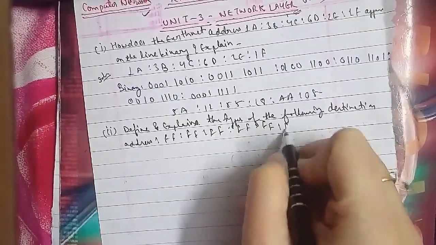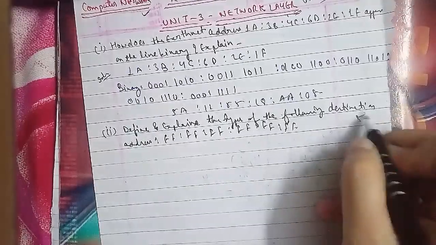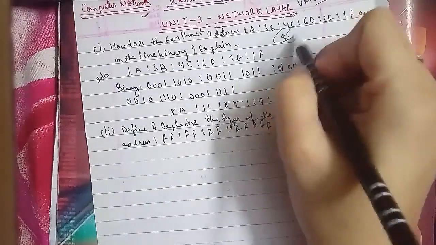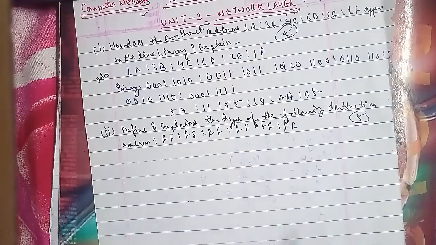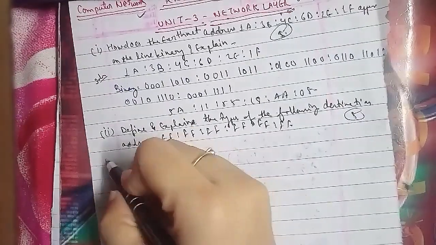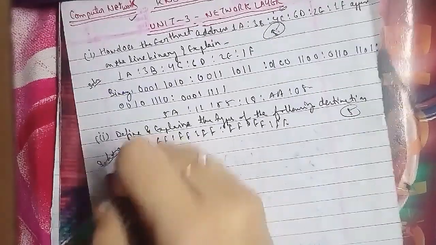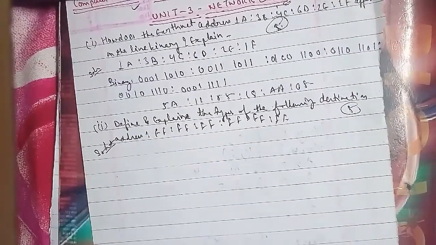To find the type of an address, we need to look at the second hexadecimal digit from the left. If it is even, the address is unicast, and if it is odd, the address is multicast, and if all the digits are f's, the address is broadcast.